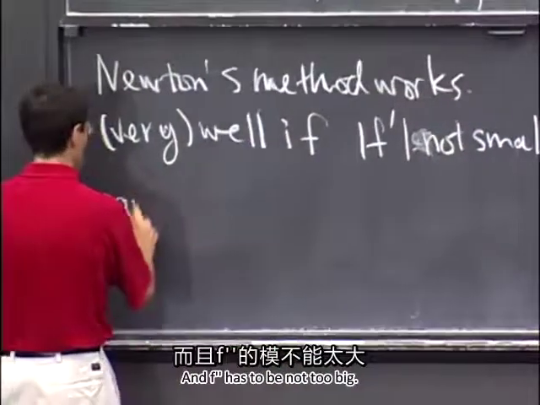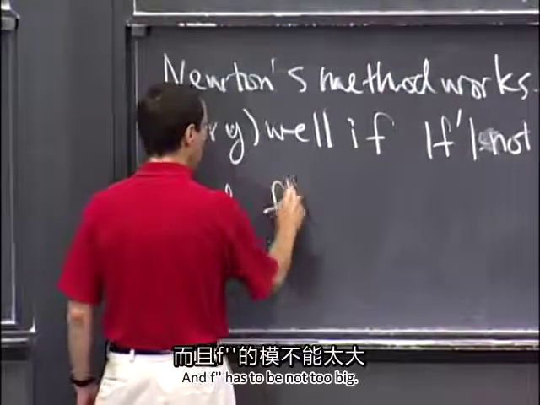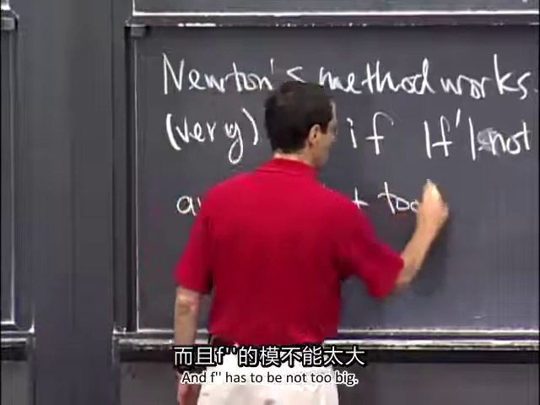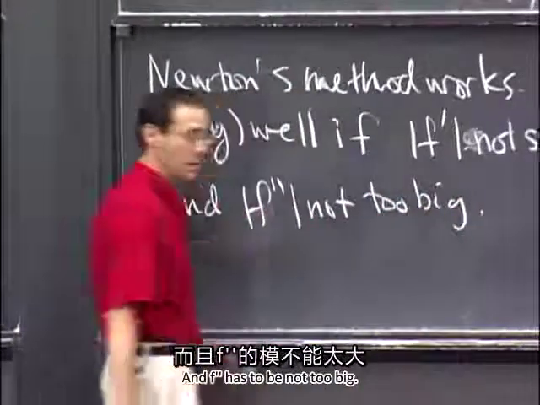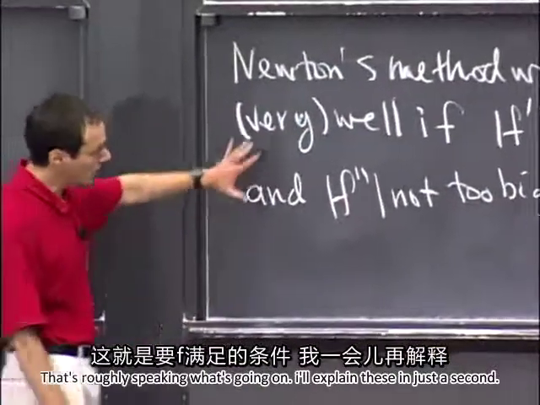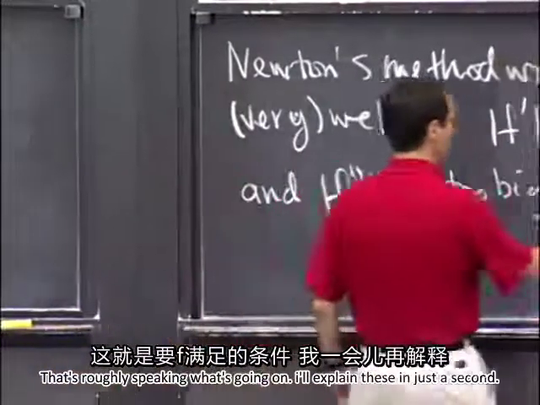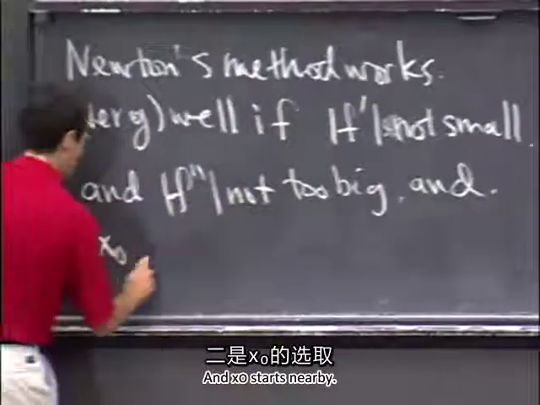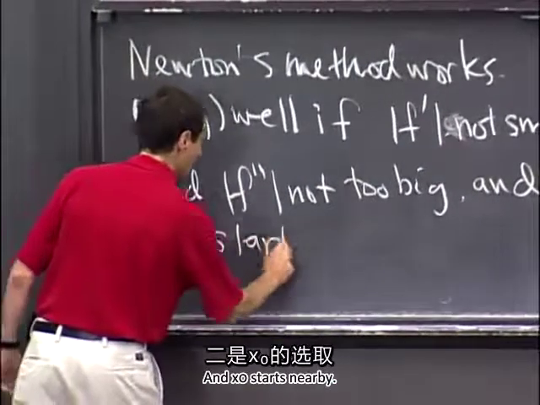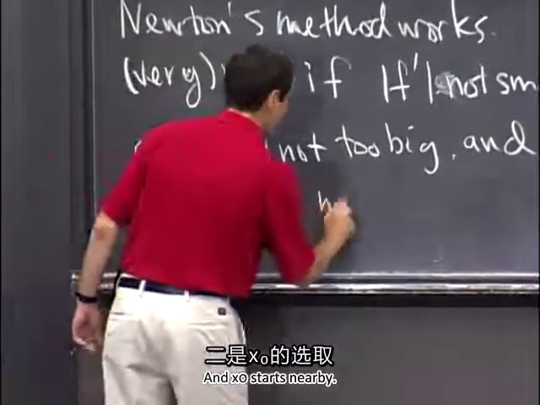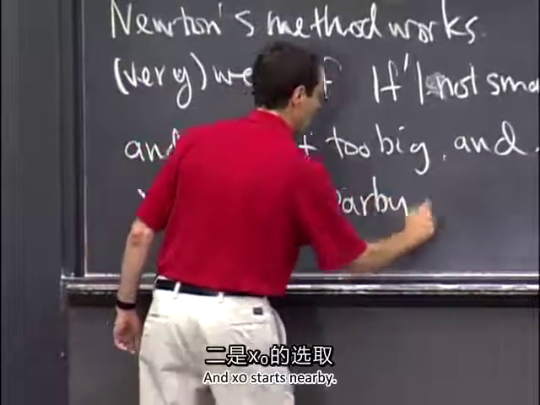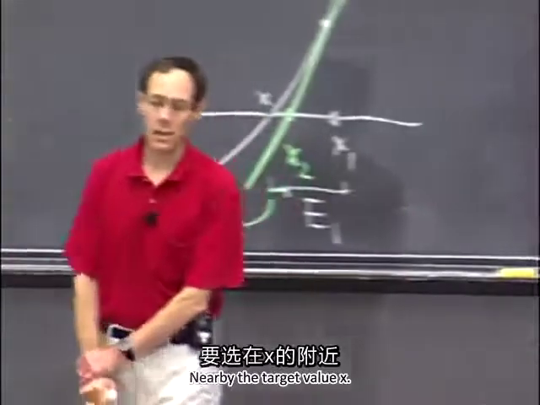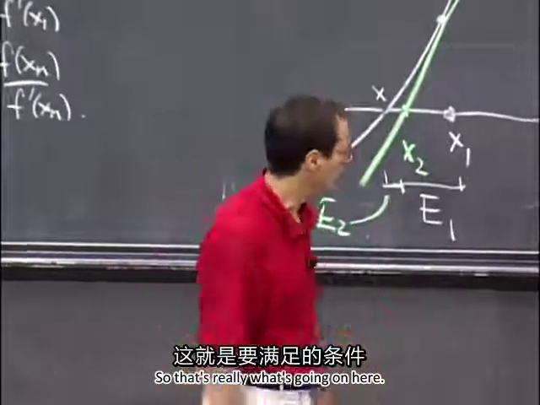And f double prime has to be not too big. That's roughly speaking what's going on. I'll explain these in just a second. And x0 starts nearby the target value x. All right, so that's really what's going on here.